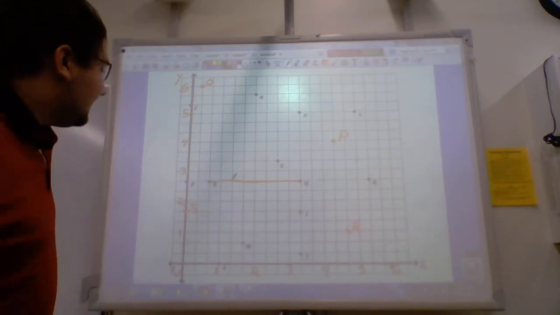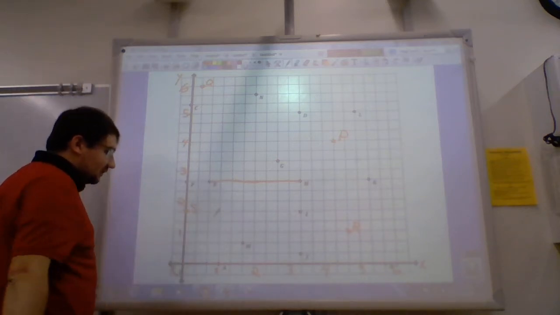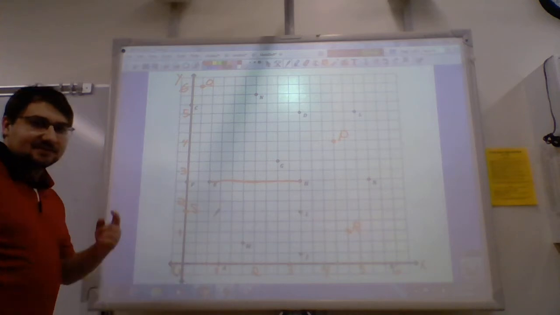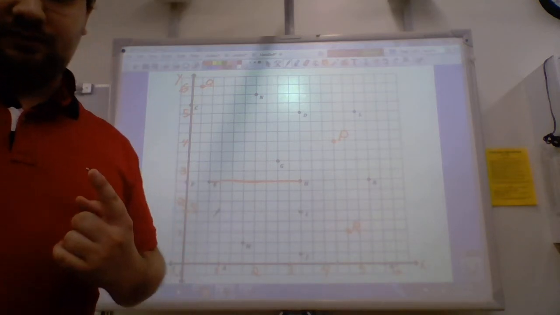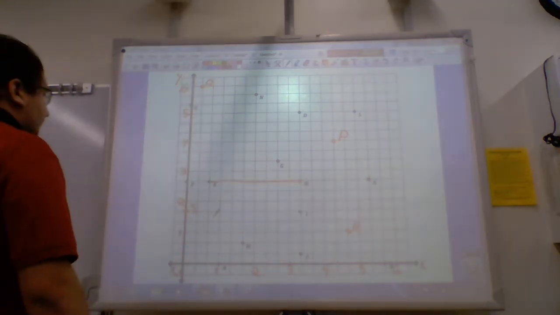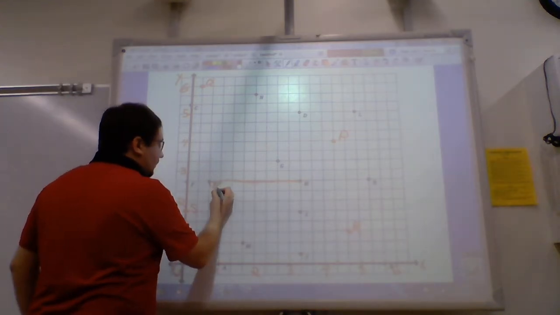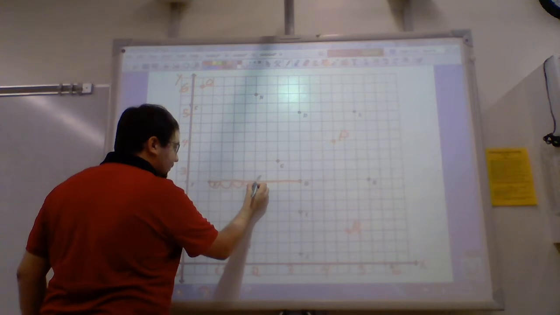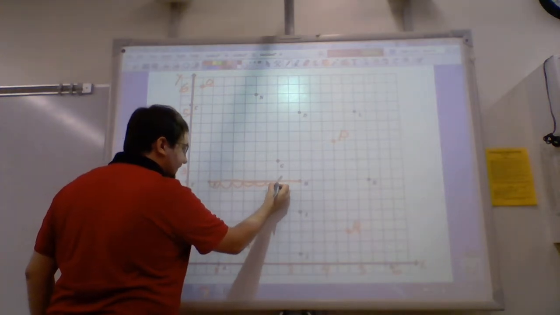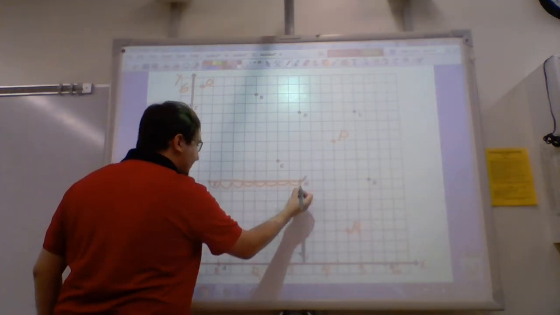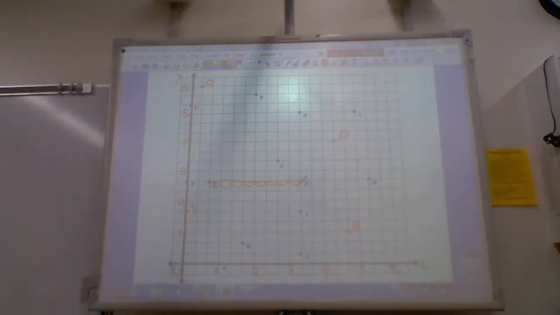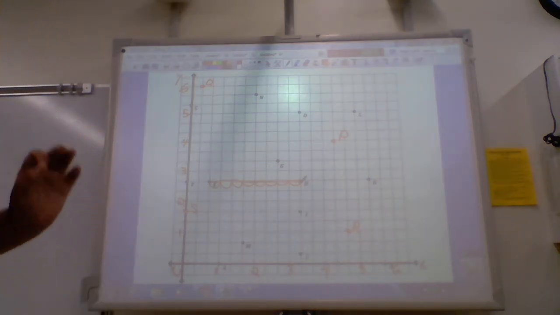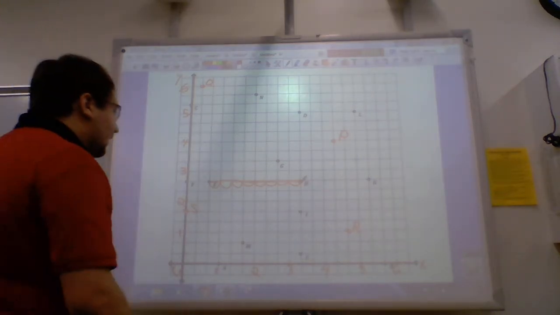So remember, each one of these boxes, we've already determined each one of these boxes is 1/3. So let's go 1/3, 2/3, 3/3, 4/3, 5/3, 6/3, 7/3, 8/3. So that line has to be 8/3 long.